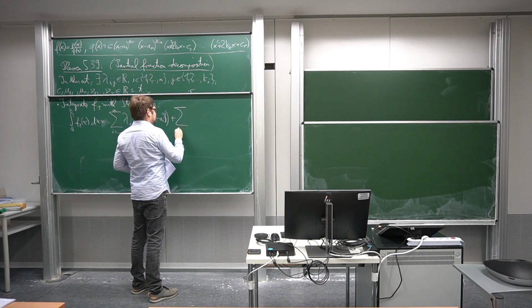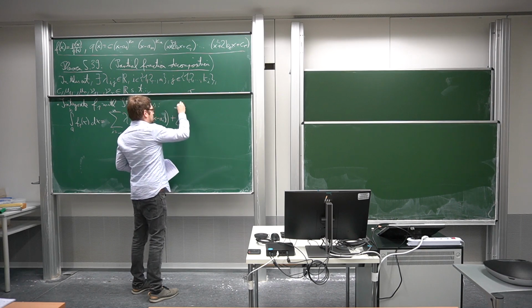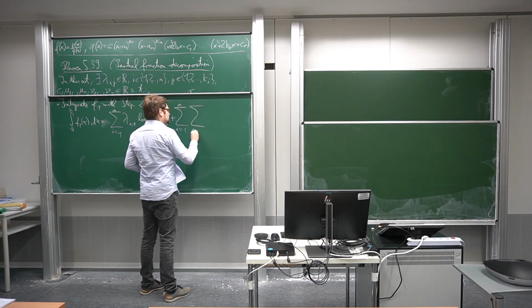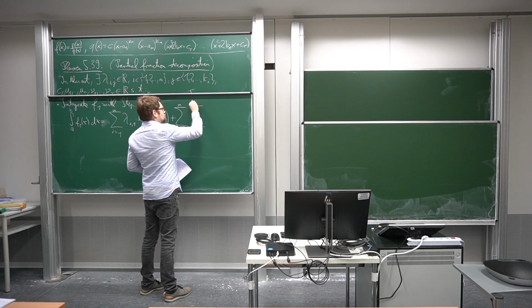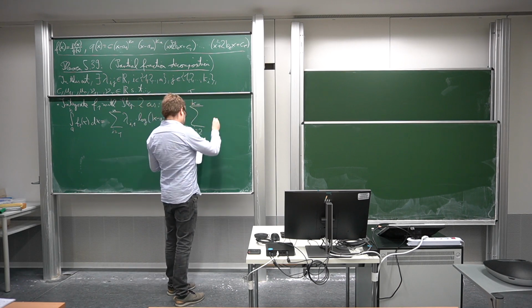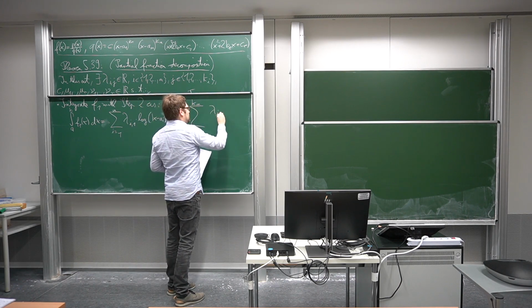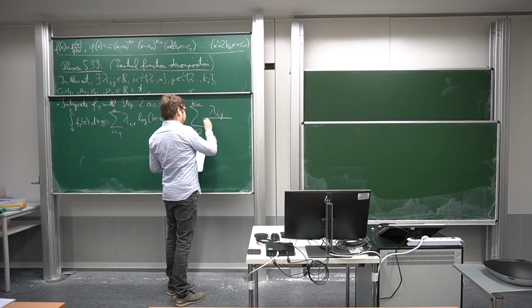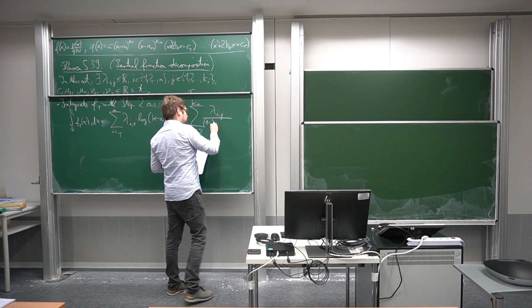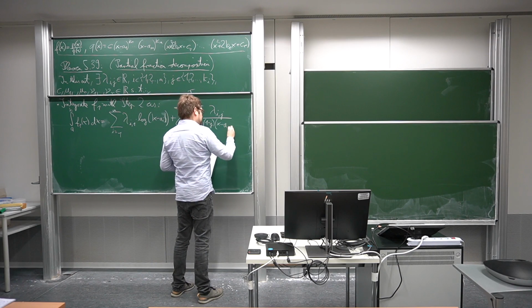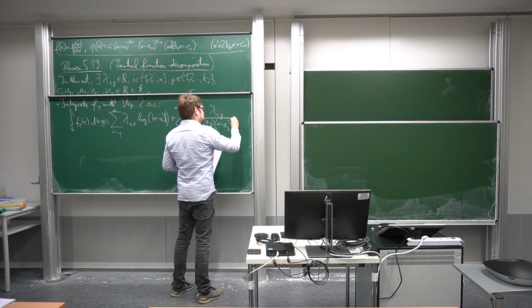So there we have the sum, now it's a double sum from 1 to m, and now we take the summands that start with 2 to km, and this becomes lambda ij divided by 1 minus j, if you just use the formula from above, x minus ai to the power of j minus 1.